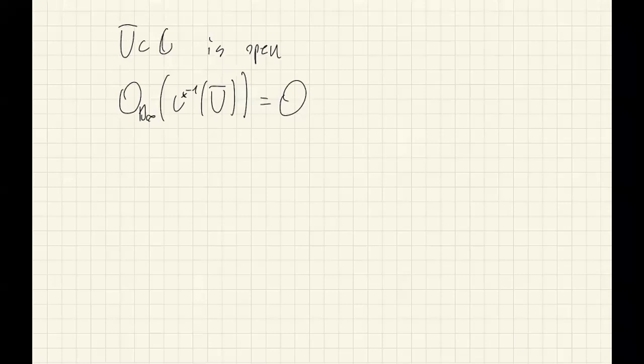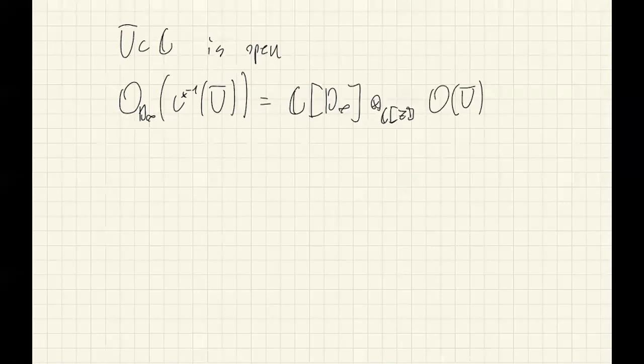Tensor product of what? Of C[Z] or times over centrum on holomorphic functions on U bar. Yeah, that's how we do it.